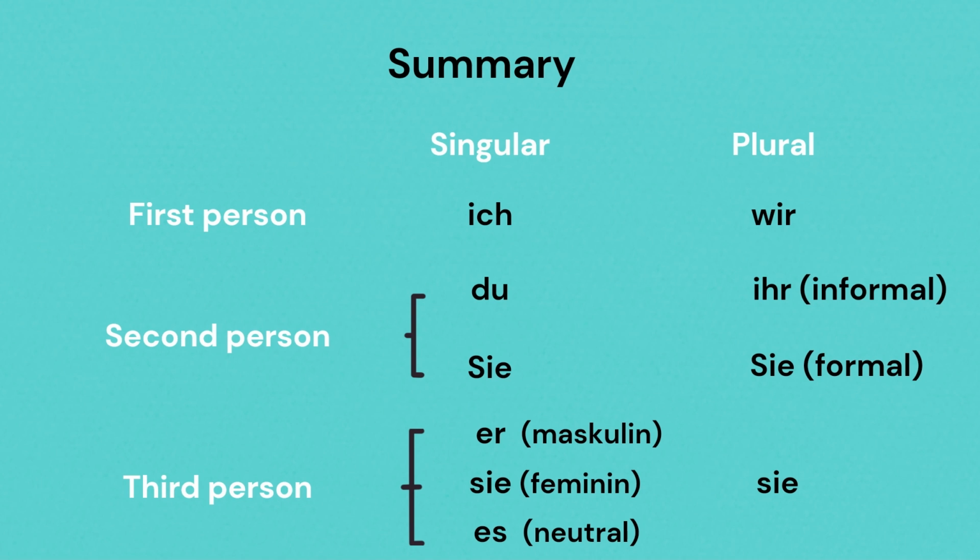When talking about a thing that's neutral, for example, a book or car, das Buch oder das Auto, then you will use the pronoun es. When you're talking about more than one person or things indirectly, for example, when talking about Martin and Martina, then you would use sie.